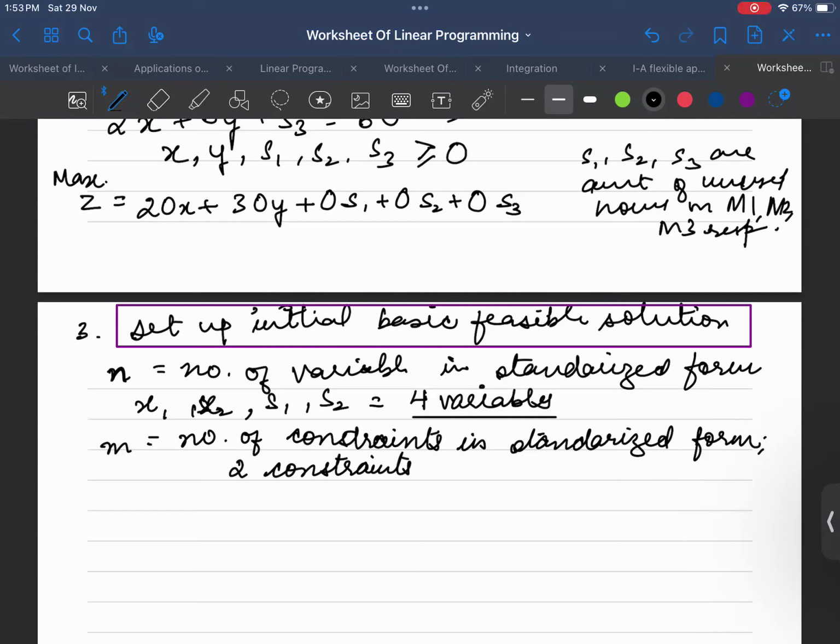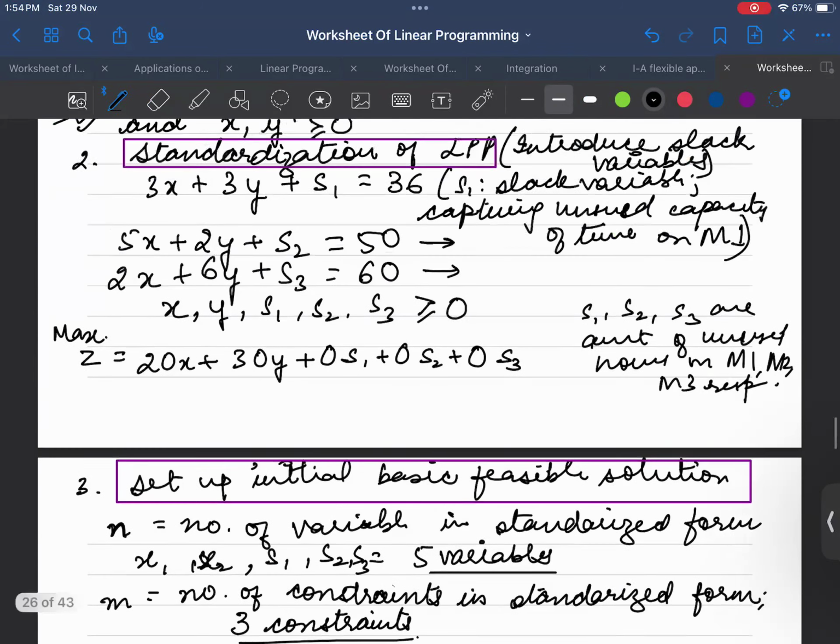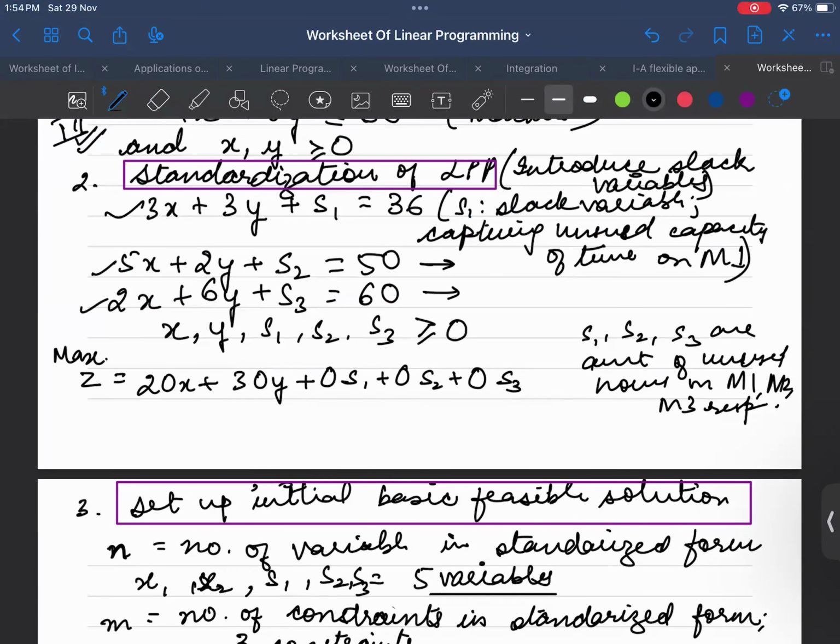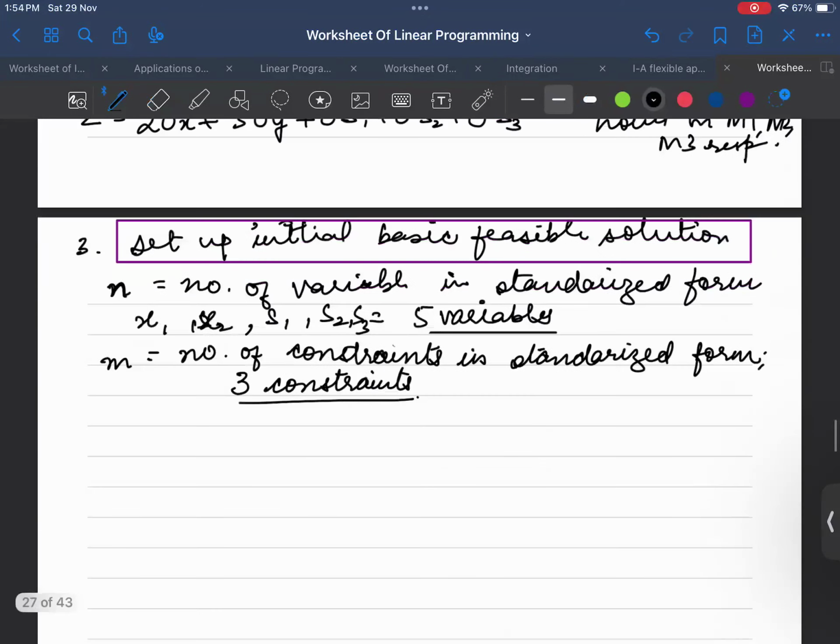Sorry, we have variable S3 also. We have 5 variables. Here we have 3 constraints, right? Machine 1, 2, and 3, the three constraints, and variables S1, S2, S3.